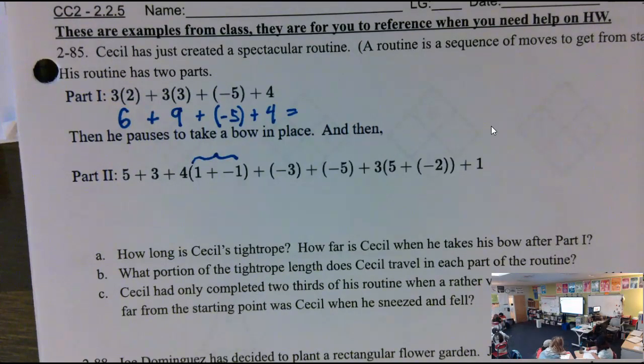Good catch. What's a positive 1 and a negative 1 together? Ooh, so, well, we can't add these up because this is attached to the parentheses. So we have to do the total times the parentheses first. So what's a plus 1 and a negative 1? 0.